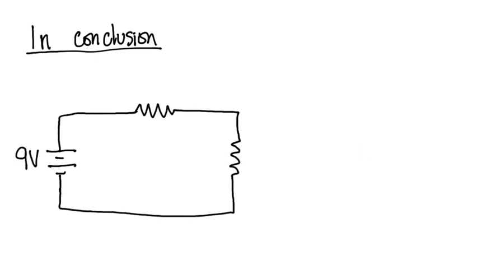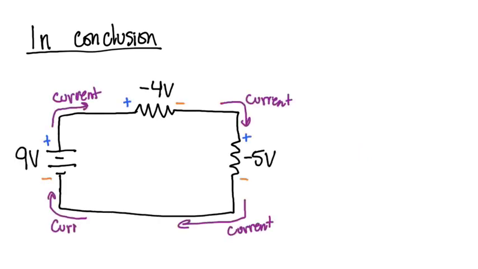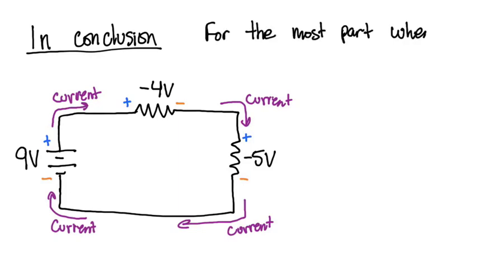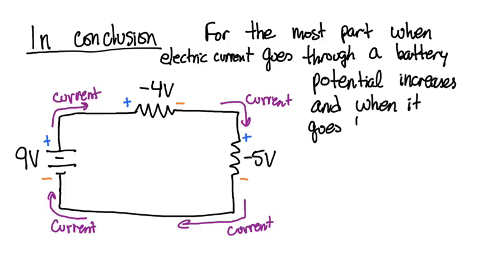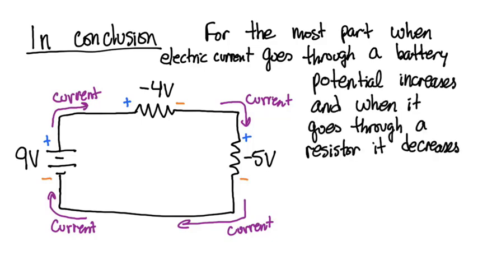So in conclusion, let's take a look at this. For the most part, when electric current goes through a battery, the potential increases. And when it goes through a resistor, it decreases.